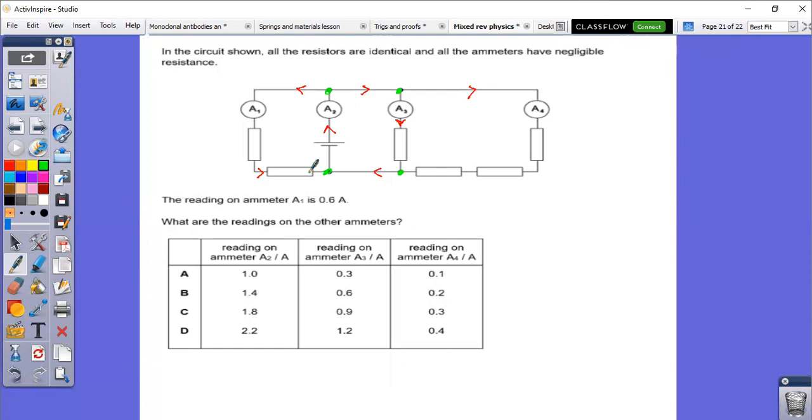But let's look at it logically to see how you go around solving these problems. A1 is 0.6 amps, we are told. So 0.6. Now, we don't know what these values are. A2, A3, and A4. Okay, what are we told? All the resistors are identical.